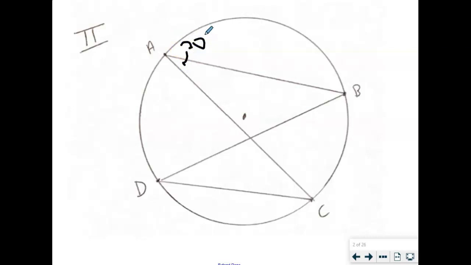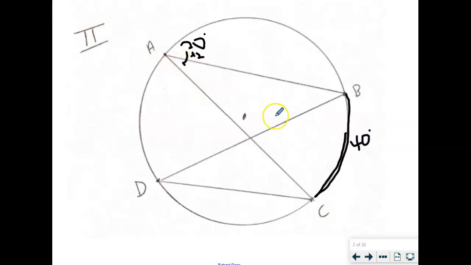Since this is 20 degrees, and we go from angle A all the way to its intercepted arc, I'm going to tell y'all that before, this is the intercepted arc. So 20 times 2 would give you 40 degrees.